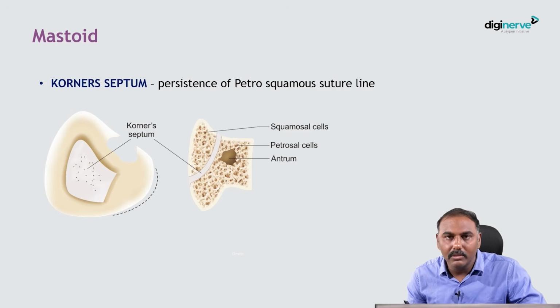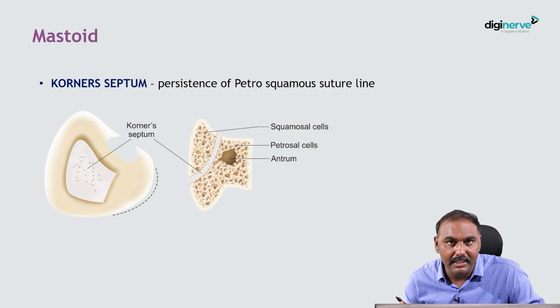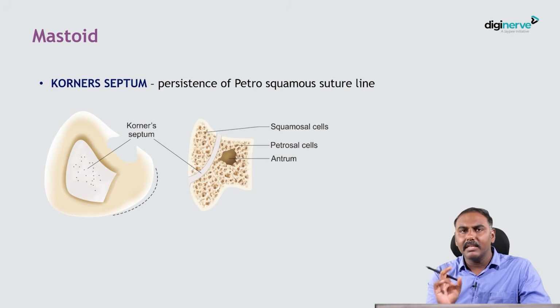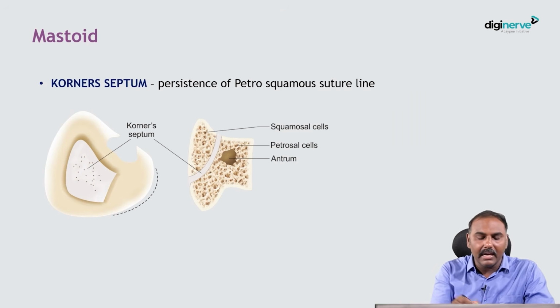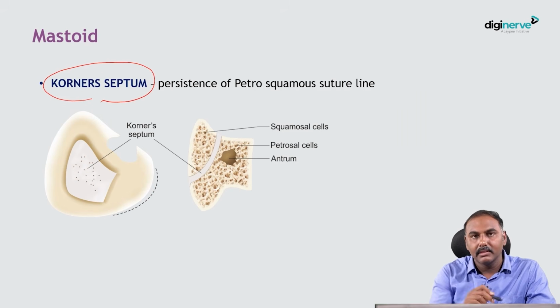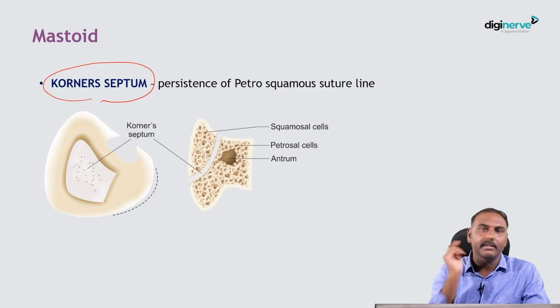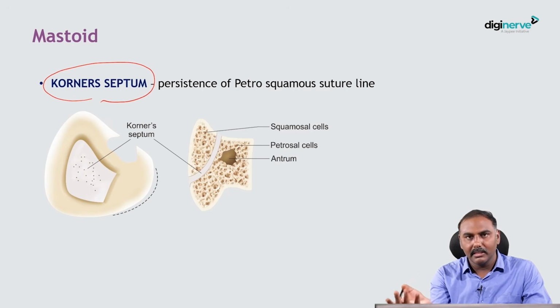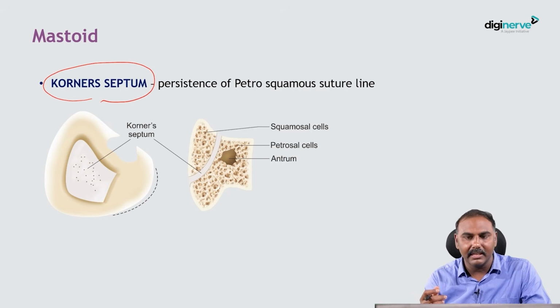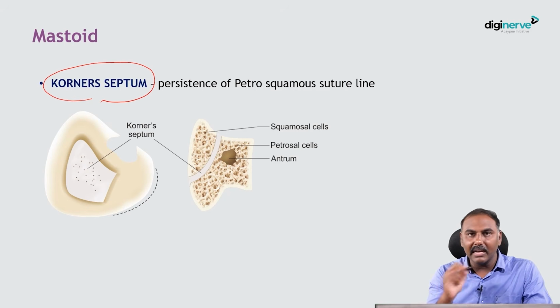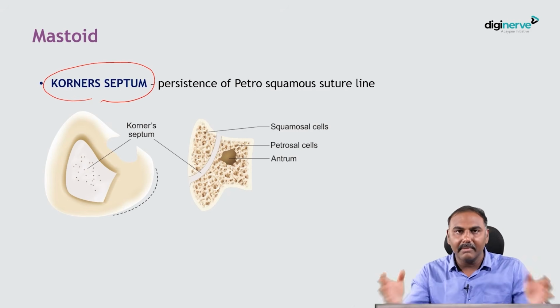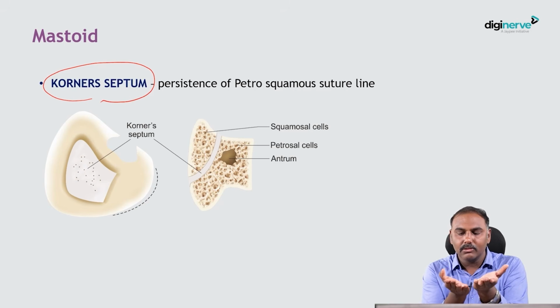And one more thing of importance in the mastoid is a developmental abnormality called Koerner's septum. While doing a mastoidectomy, we think that we have approached the mastoid antrum, but we haven't; it will be just pneumatization over that area. We know that the mastoid process is formed when the squamous part and the petrous part come in contact.